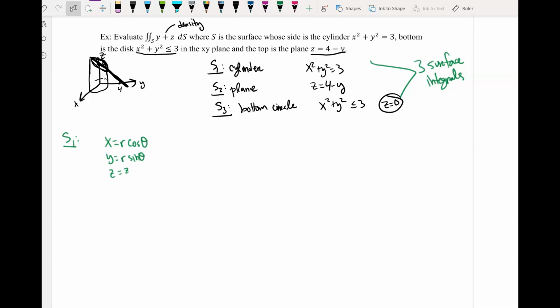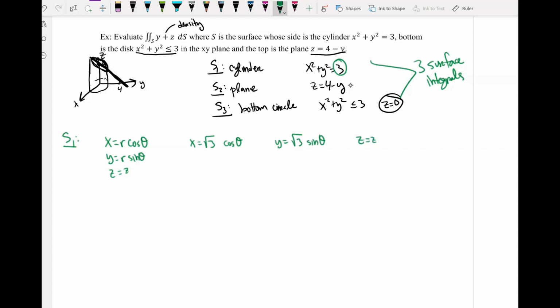Now we need to figure out what r is. In this case, r is going to be square root of 3 because that's the cylinder. So x is equal to square root of 3 cosine theta, y is equal to square root of 3 sine theta, and z is just equal to z.